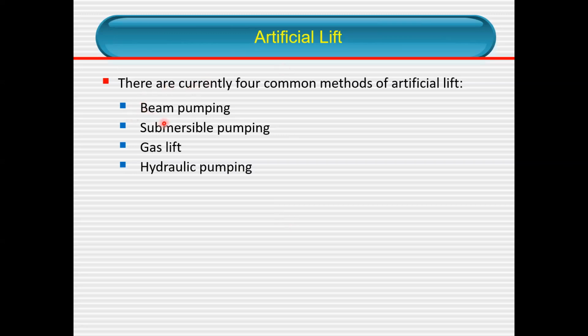In the United States, probably 90% of wells are onshore, and they are going to use beam pumping. As a jargon, they call them donkeys, just pumping to get the oil to the surface.